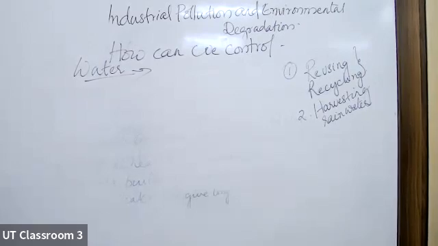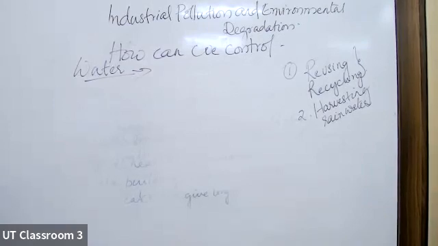So maximum water is to be collected and stored during the rainy season instead of allowing it to go and join the sea. We know that most of the water is just flowing to the sea.